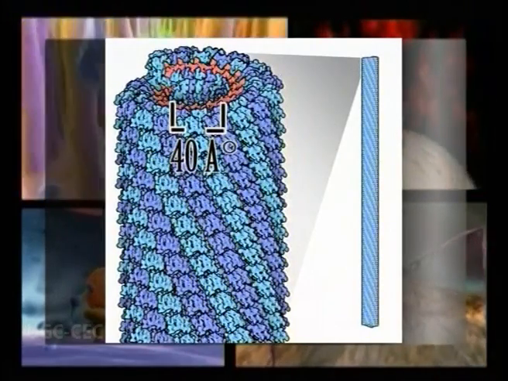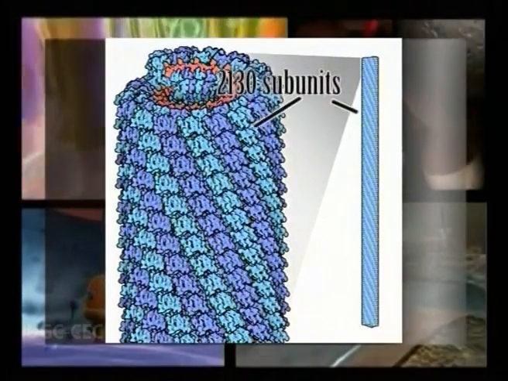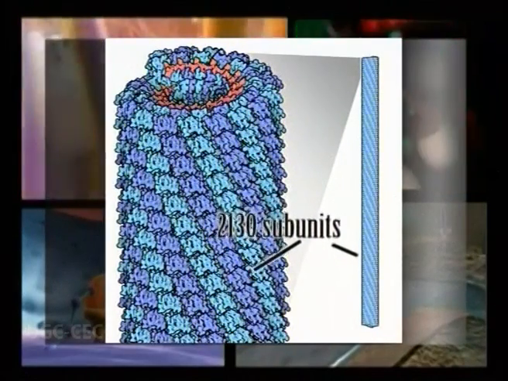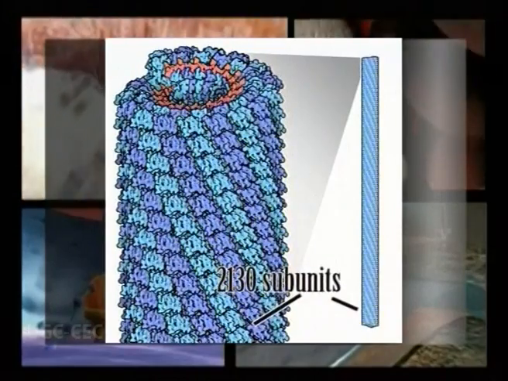The capsid is composed of 2130 identical protein subunits with a molecular weight of 17,000 Daltons. Each subunit has 150 amino acids. The helix has 16 and 1/3 subunits per turn.